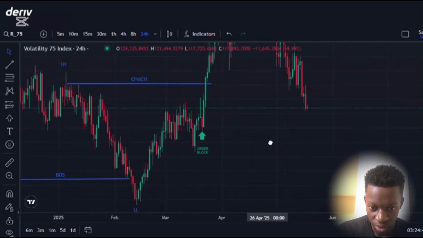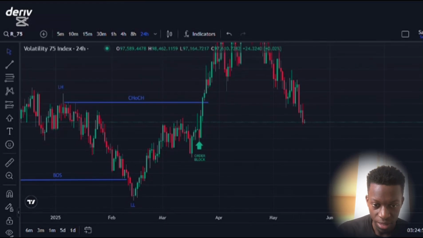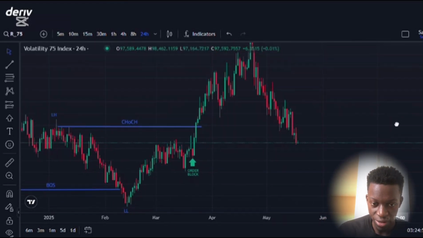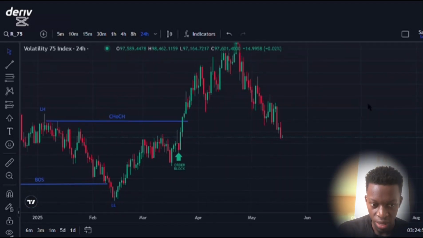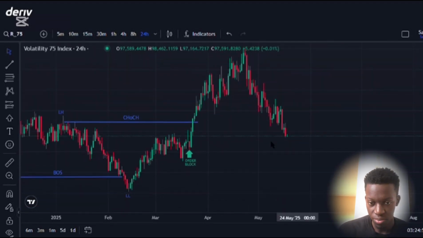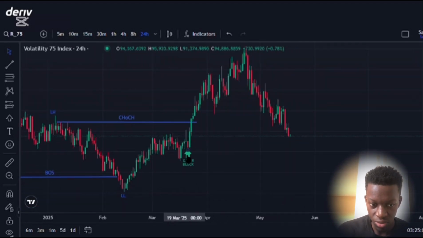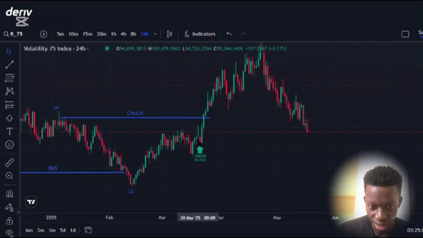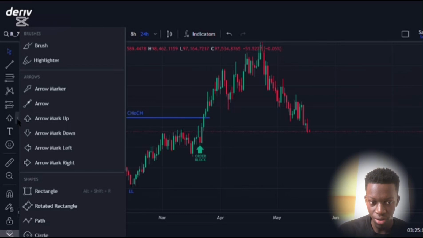This is where we can say there is a bullish momentum that went on and broke the previous market structure, which was the downtrend. And so that's the reason why we are getting this bearish candle as our order block.